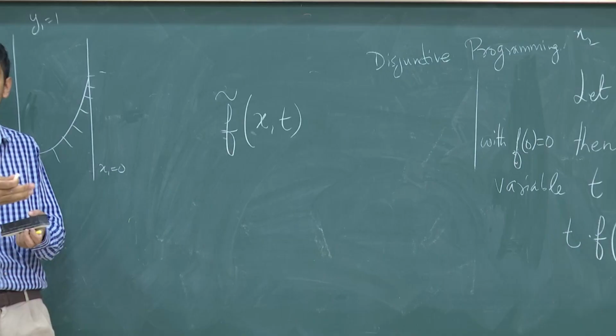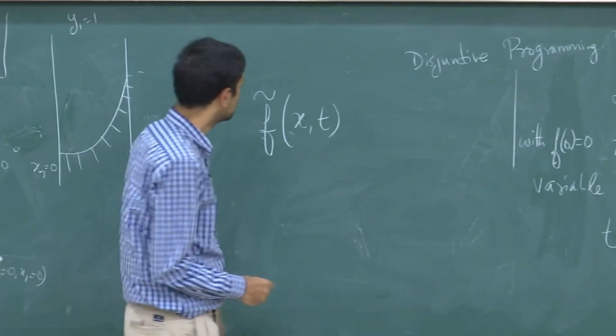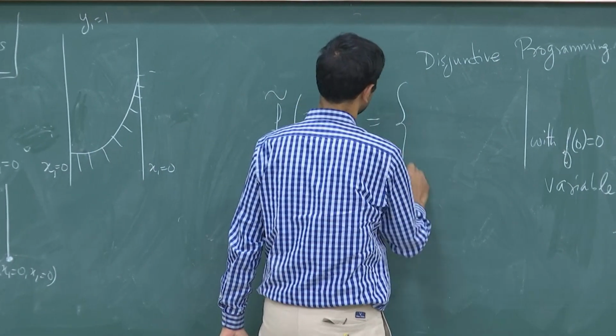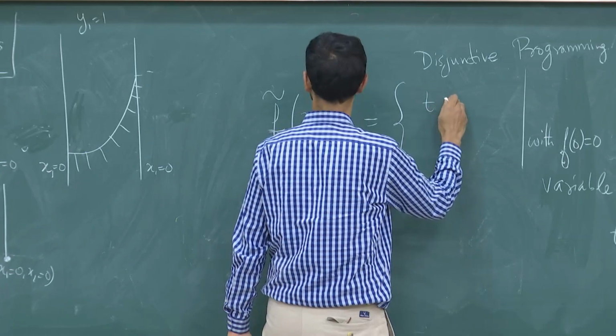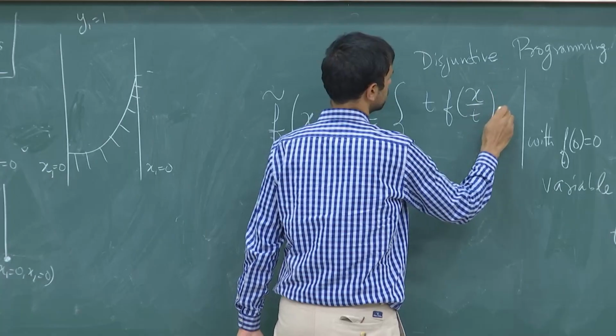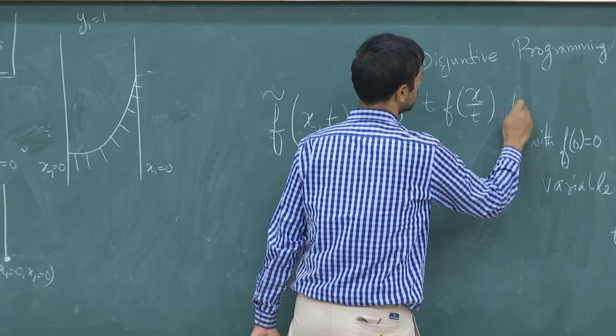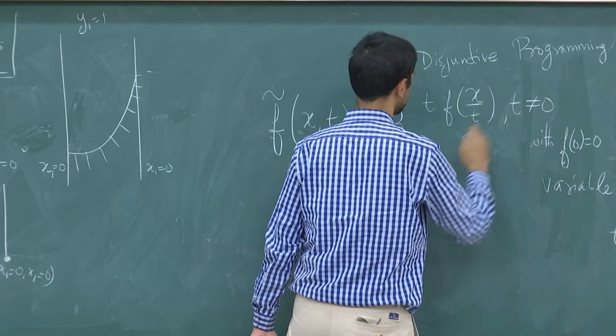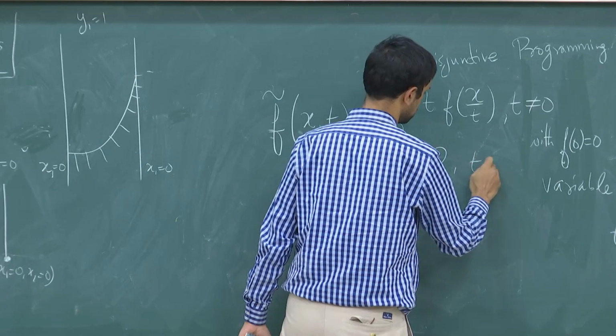I have added one more variable from my side. This is defined as t times f of x upon t for t not equal to 0, and 0 when t equal to 0.